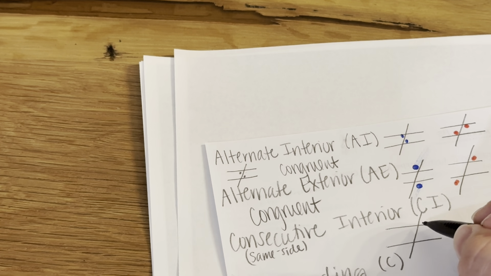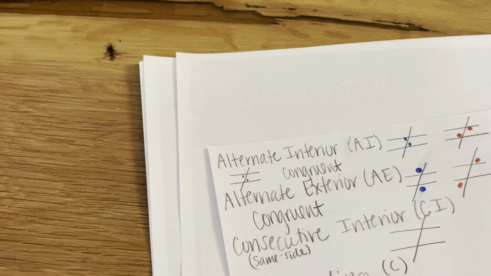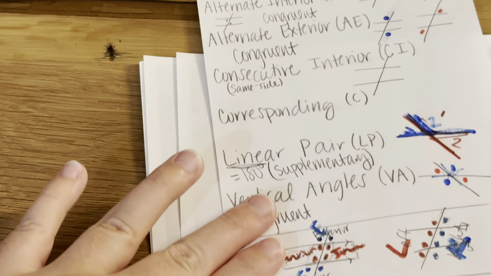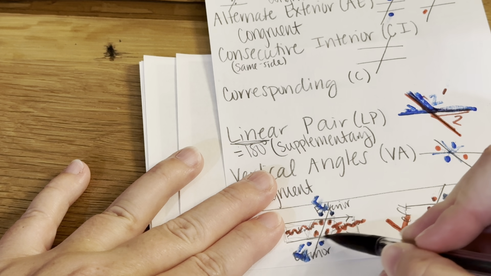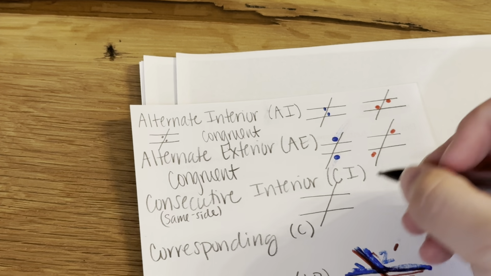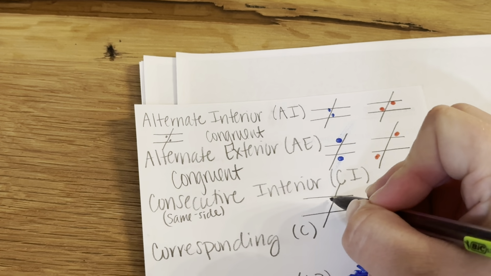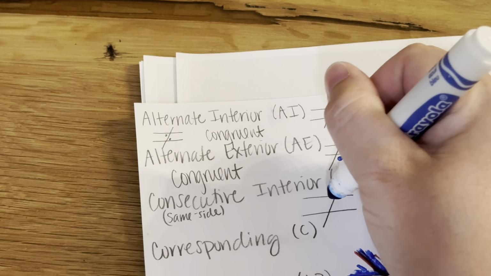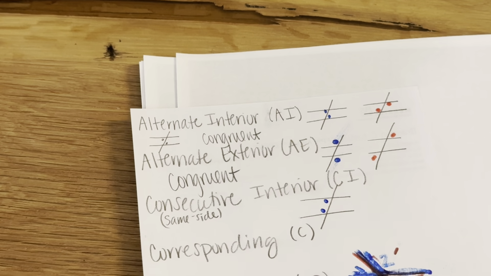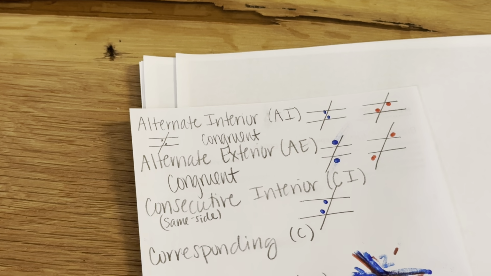Consecutive interiors. So interiors, we're still looking at these 4 red ones, the interior ones is what we're talking about. So same side. So they either need to be both on the left or both on the right. So here are my 2, they're on the left. Those are my consecutive interiors.